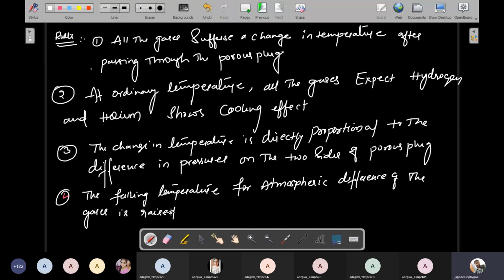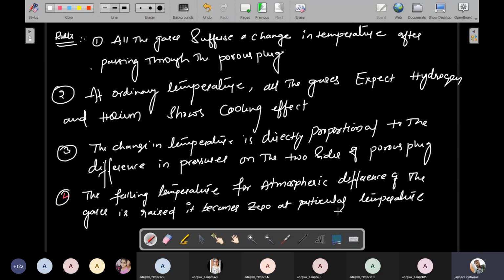It becomes zero at a particular temperature. Okay, understand what I'm writing? The falling temperature for atmospheric difference of the gases is raised.